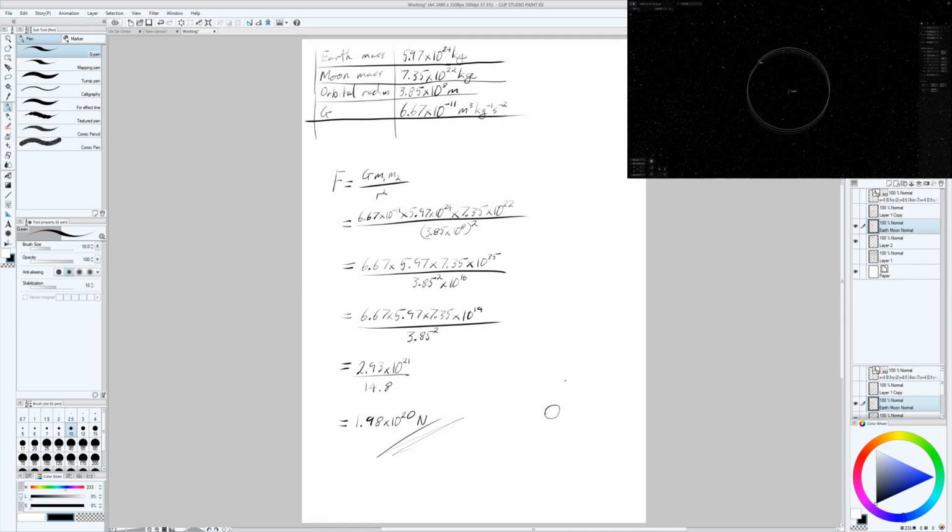So let's say that's the Earth, and then you've got the Moon somewhere along its orbit. Now, there's going to be gravitational force coming from both of these towards each other. Because, if we remember correctly, for every reaction force, there's an equal and opposite reaction force.